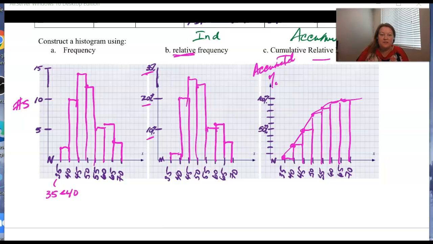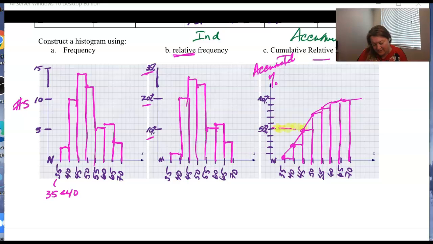For example, if I wanted to know where the median is, that would be the 50th percentile, and I could say that the average annual income of all the states is around 45,000. So I can use that percentile to find some of that information.